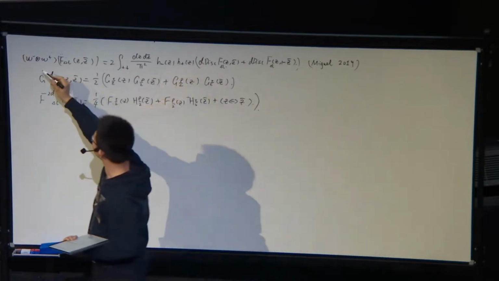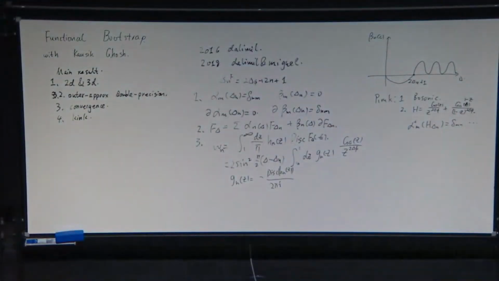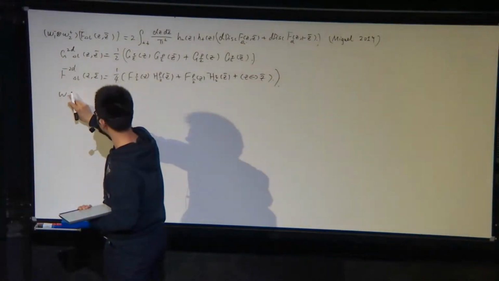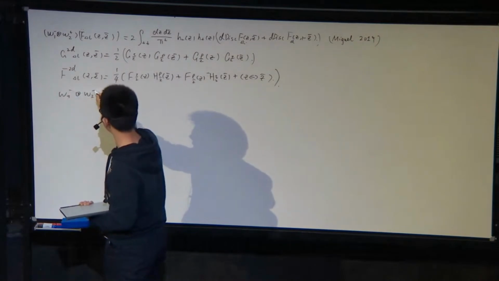Suppose there are some W1 and W2. We just define here the minus type and the plus type function. What will you get? Well, you will get W1 minus times W2 plus.